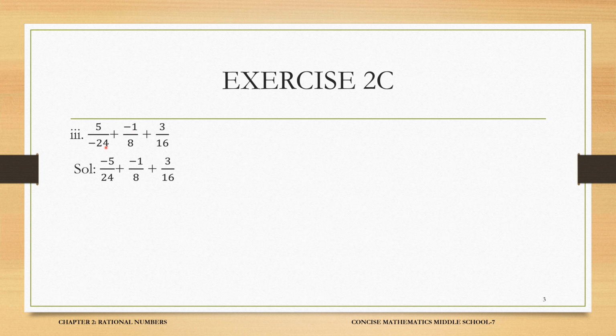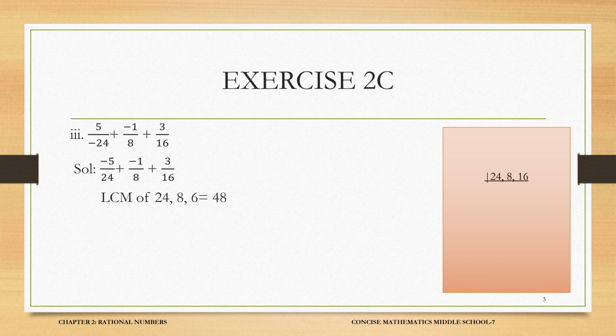So just move this minus to the numerator, that is minus 5 by 24. Now you can take the LCM of 24, 8 and 16, but here I had written 6. Sorry children, it's not 6, it's 16.